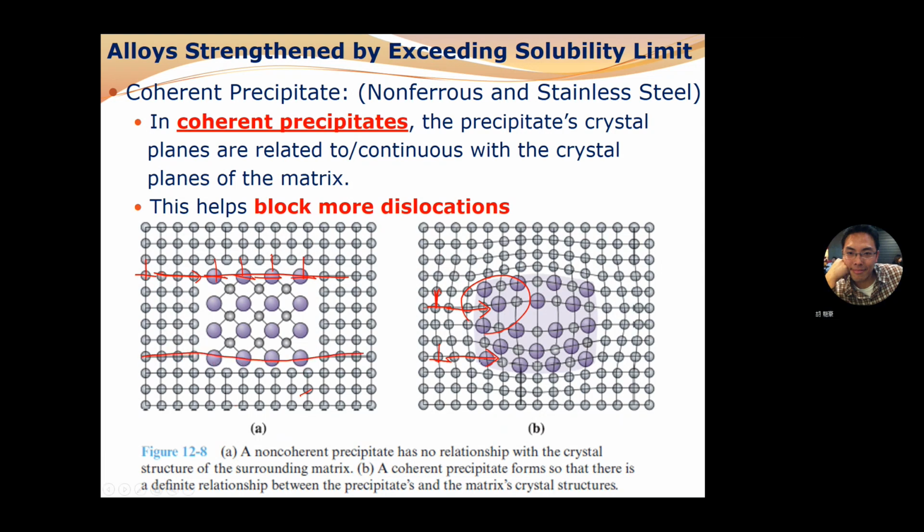These paths do not have so many barriers. For the continuous crystal structure, dislocation is easily blocked by those crystal lattices. For this non-coherent one, the dislocation just moves directly, or maybe the dislocation will feel some retarding, however, it can still move.